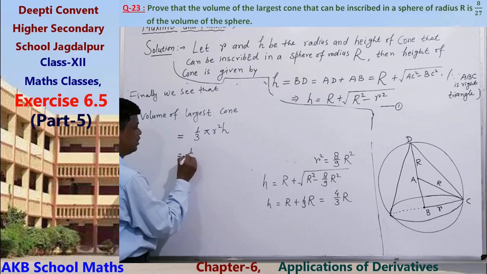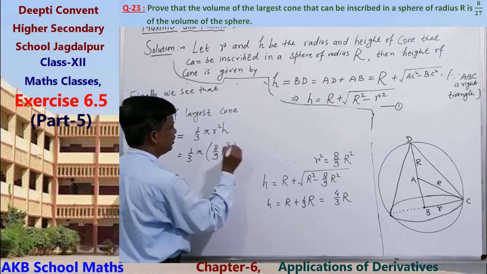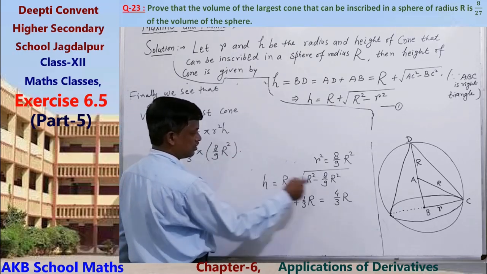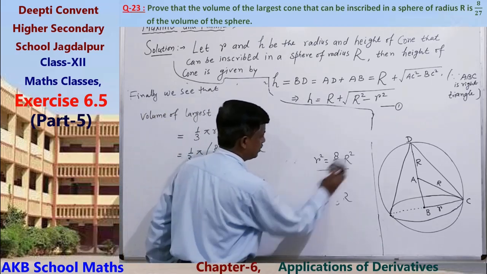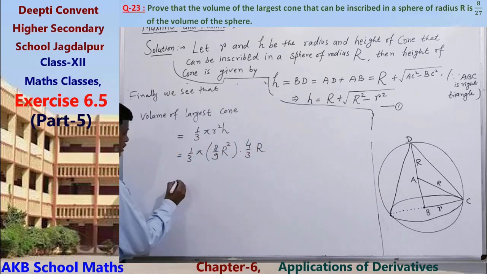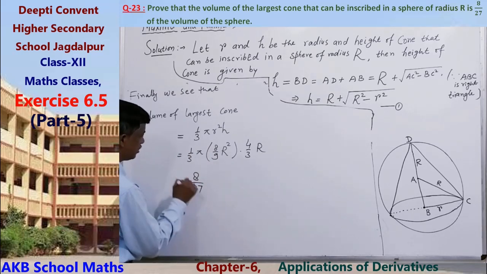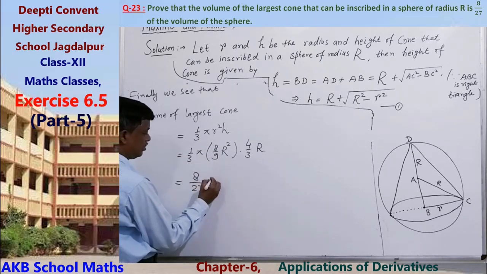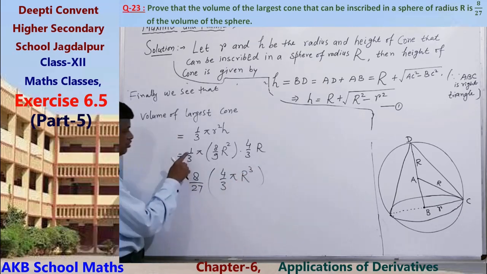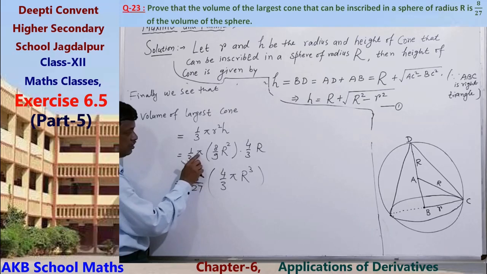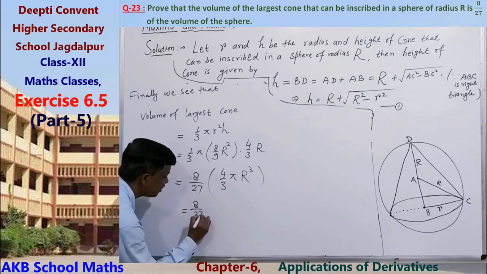So 1 by 3 π r² means 8 by 9 R², into h means 4 by 3 R. This is equals to, we can write, 8 by 27 into 4 by 3 π R³. 1 by 3 into 9, 27. 8 by 27, 4 by 3 π R³.